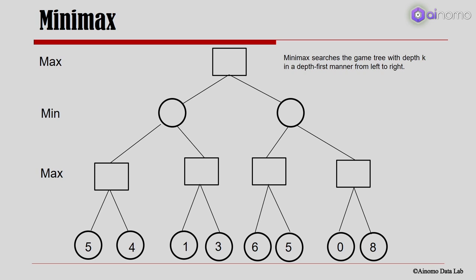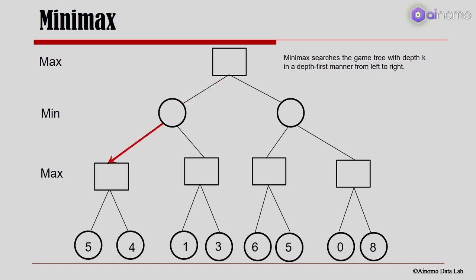So here is a game tree and all of its leaf nodes are marked. So let us now see how min-max searches the game tree with depth k in a depth-first manner from left to right. So it starts at the max node, comes down one level, which is the level of the min player.